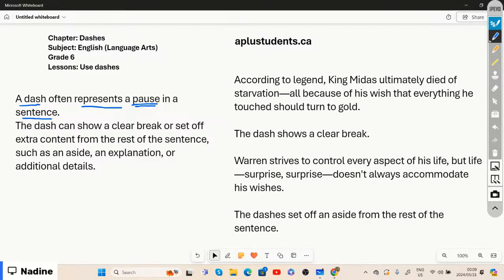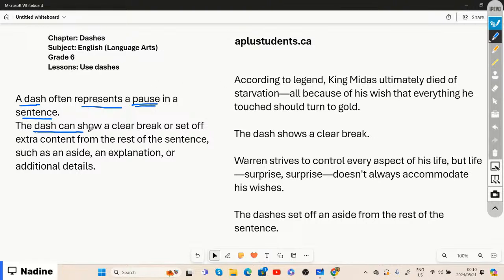All right. And the dash can show a clear break, right? A dash can show a clear break or set off extra content from the rest of the sentence. It shows the separation between one part of a sentence and another part of a sentence, but yet it is one sentence.